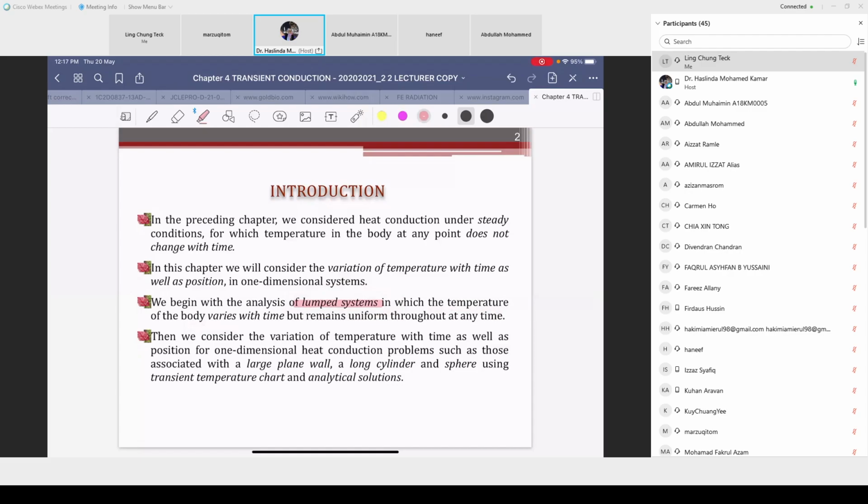If we are using this method, we have to be careful. If you read here, the temperature of the body varies with time but it remains constant, or uniform, throughout at any time. Can you understand that statement? Somebody?